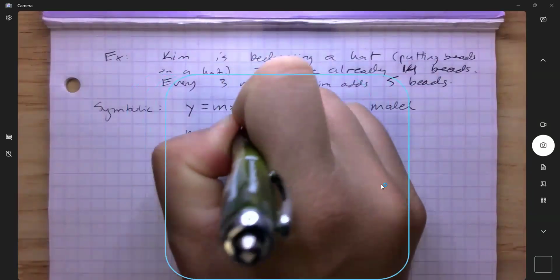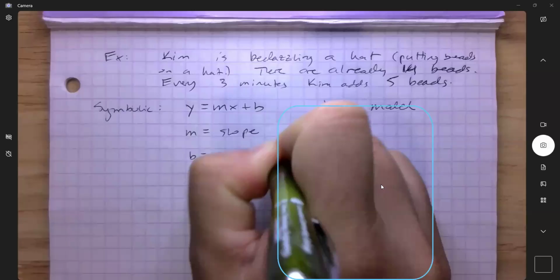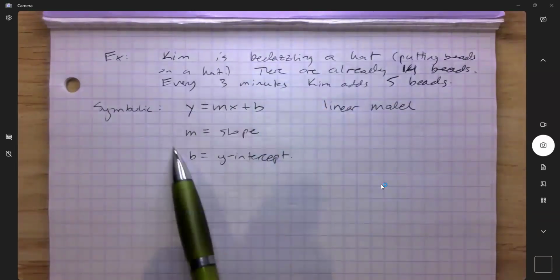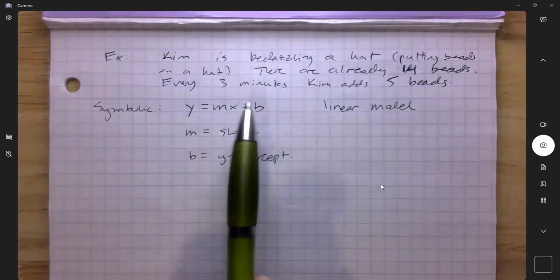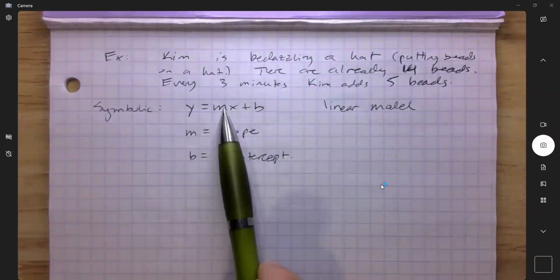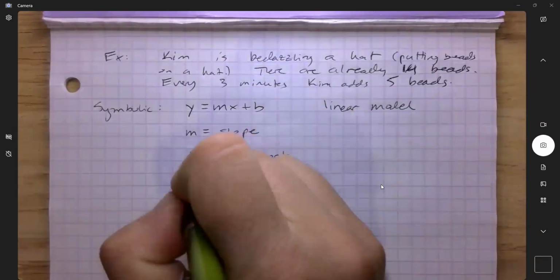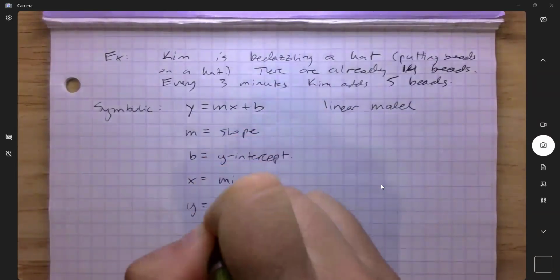M is the slope. B is the y-intercept. This is step one when you go from words to symbols: identify the model and its formula, name the important pieces of the model. X here is the minutes, and Y is the beads.